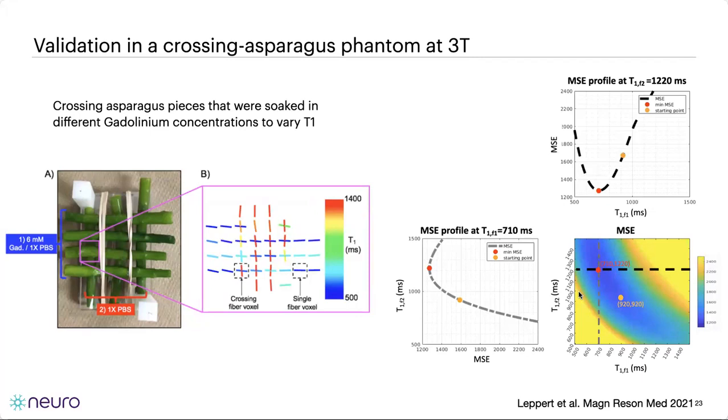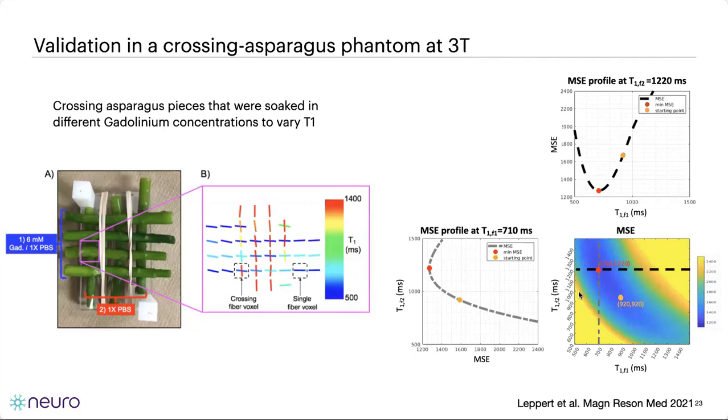And so what you see, the little bars, they're not perfect, and it's because they're actually demonstrating the main orientation of diffusion that was extracted from our diffusion data. And then in blue, we're showing the T1 times, right? And so you can really see this continuity where the horizontal asparagus is in blue, right? And so you can see that in the crossings, you really maintain that value. And the vertical asparagus is red, corresponding to much higher T1 times.